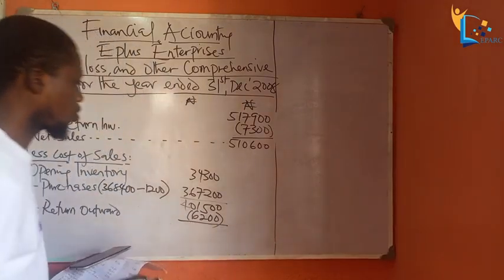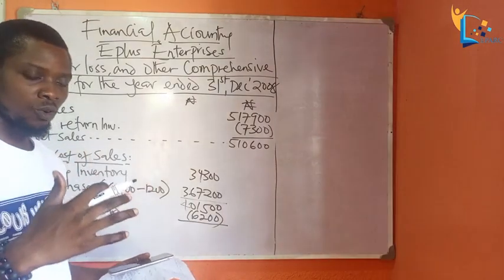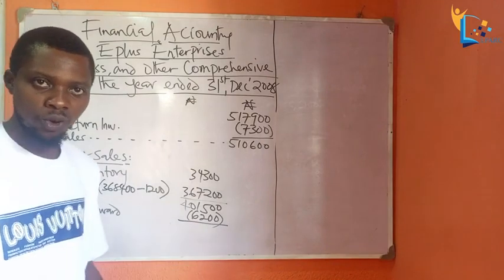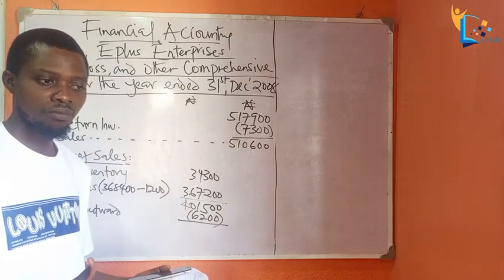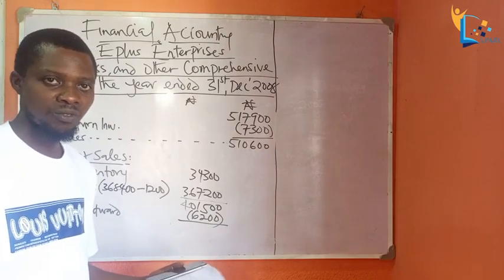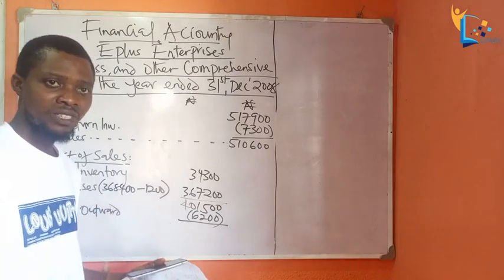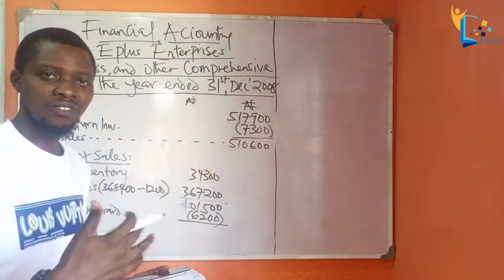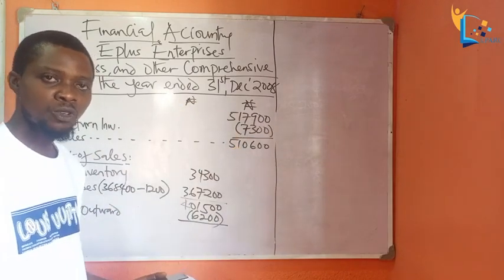Return outward is when you buy from suppliers and some of the goods are not good, maybe they had defects, so you return them. That amount you return to your supplier is what we call return outward. Return inward is from the people you sell to.